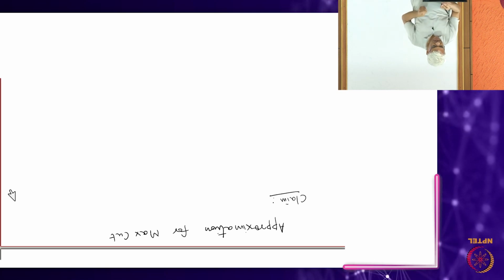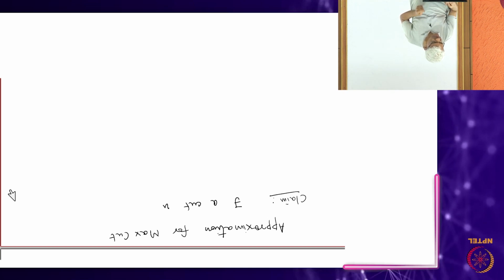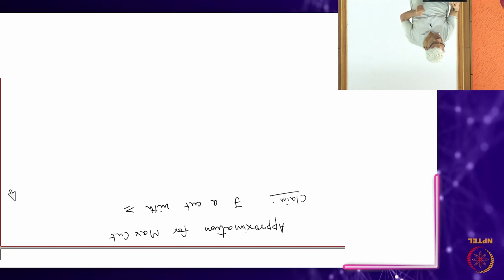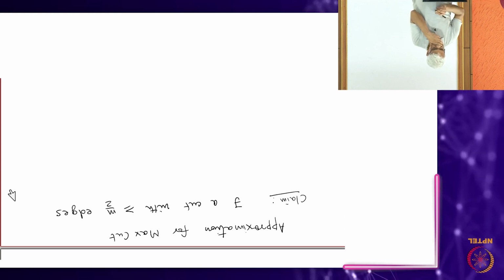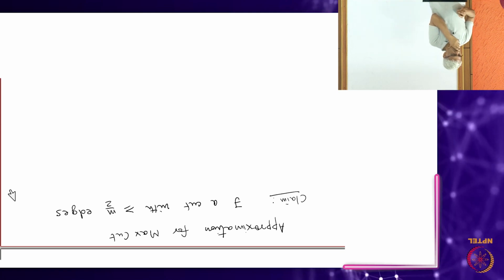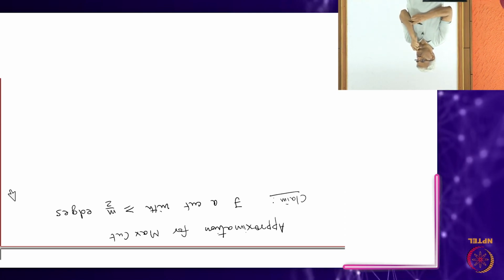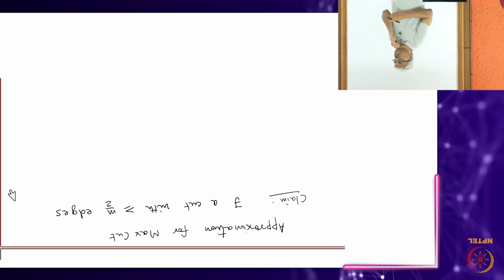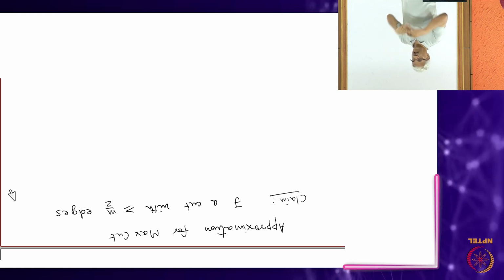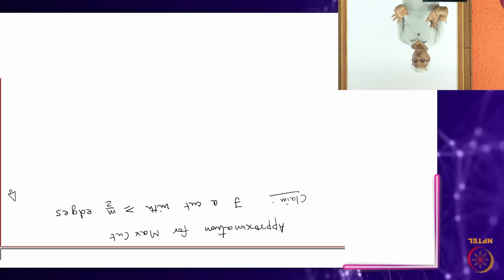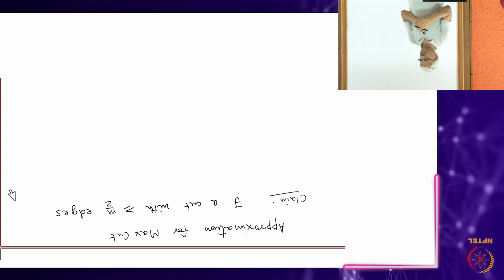So, the first claim is there exists a cut with at least m over 2 edges. And how did we show this? We have seen this yesterday. I have to partition the vertex set into 2 such that at least half the edges go across.